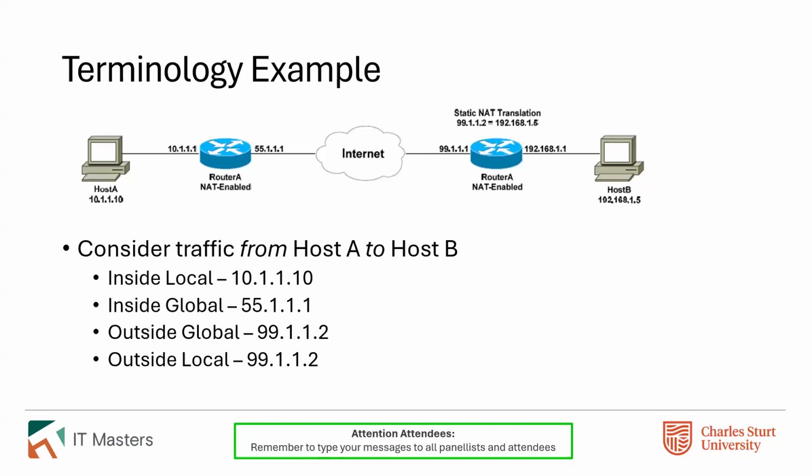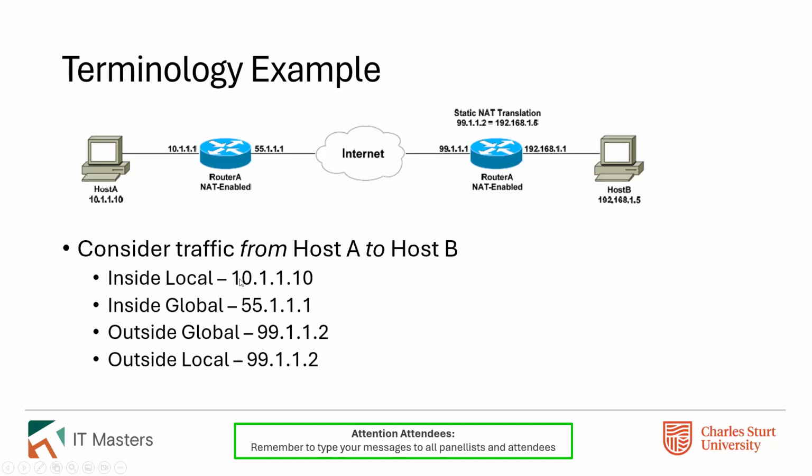So terminology-wise, here's a bit of a diagram. If we're talking about router A, sorry that they're both called router A, oh, hang on, this diagram is incorrect, actually, my fault. We're talking about the router on the left here.